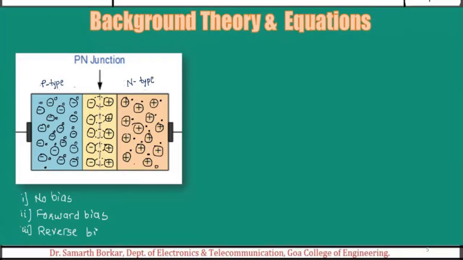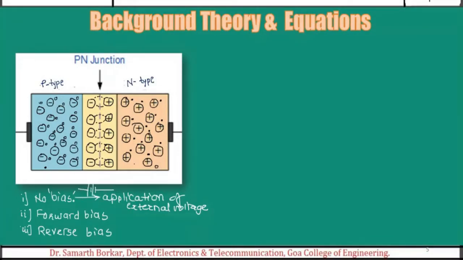bias. What we mean by bias is nothing but the application of external voltage, and physically it is a battery which provides that voltage. So here I have the P region and here it is N. If I want to provide a bias, I need an excitation source or a battery drawn here.